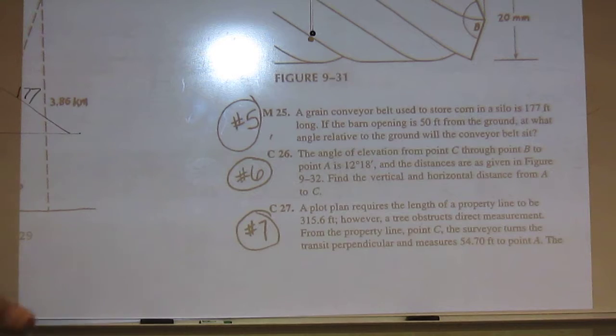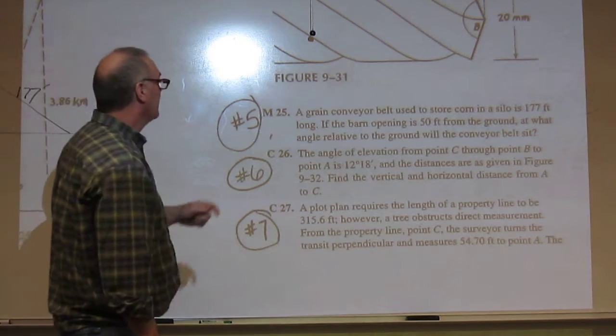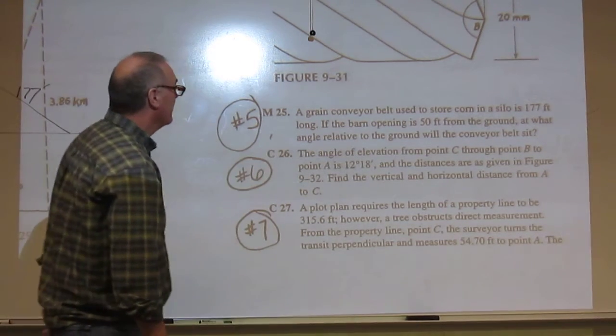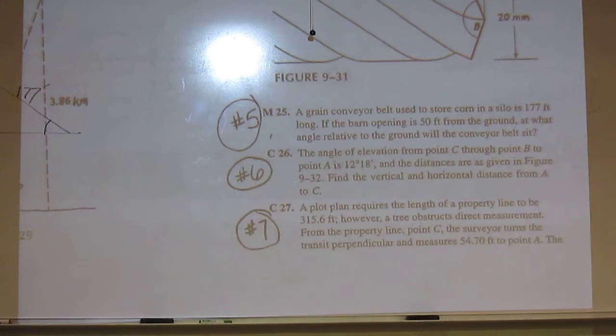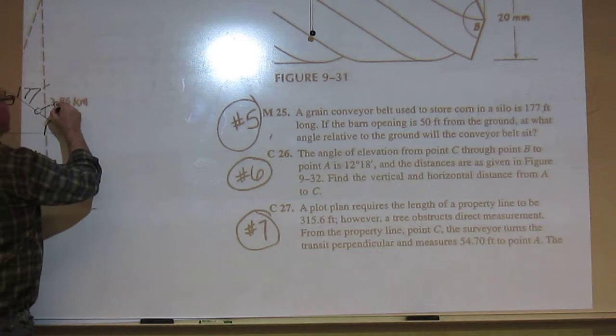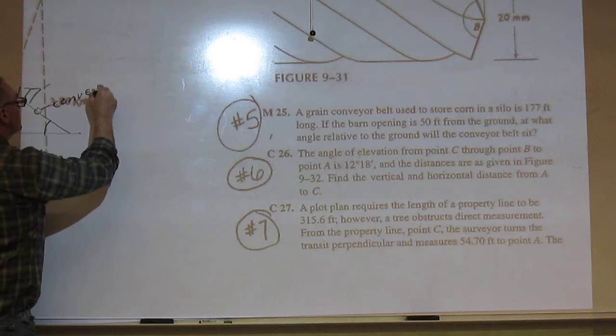These are all feet, by the way. And at what angle relative to the ground? So what you're looking for is that angle right there. Okay, so I had 170 feet on the bottom, but it's not. No, it is the conveyor, where this guy right here is your conveyor.